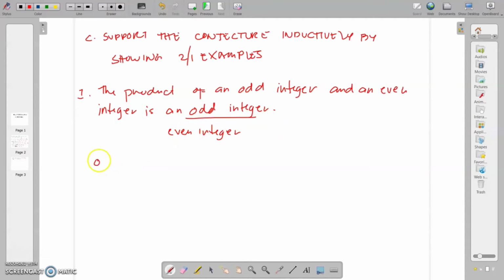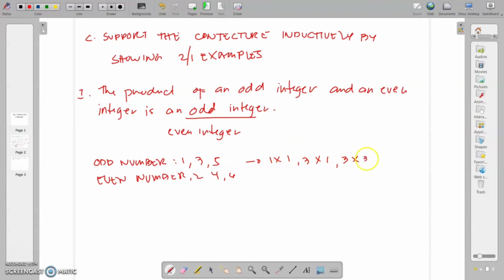So, what are the odd numbers? 1, 3, 5. And the even numbers, for example, 2, 4, 6. So, multiply by itself. So, 1 times 1, 3 times 1, 3 times 3, 5 times 5.